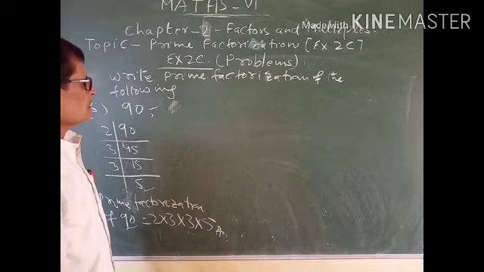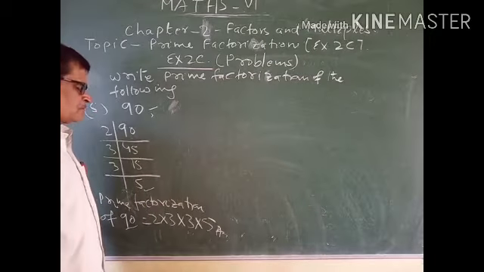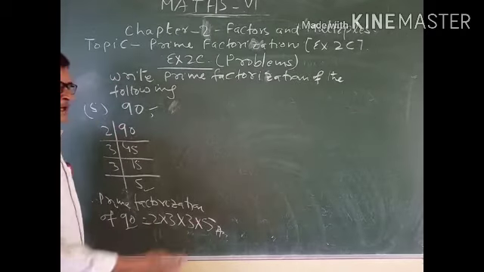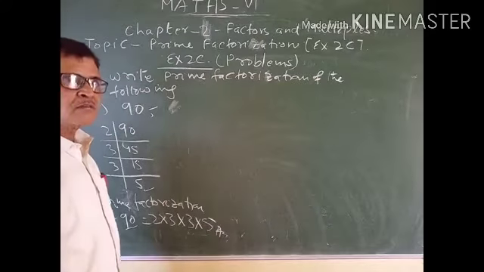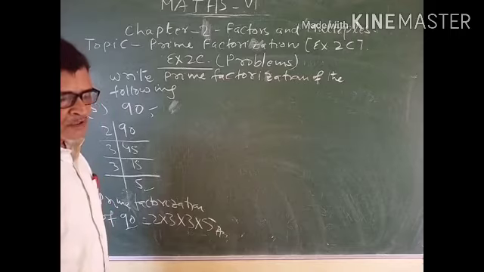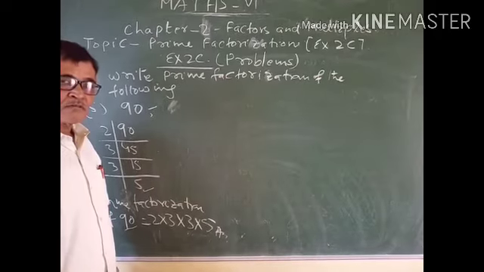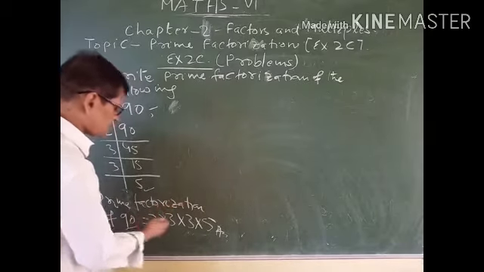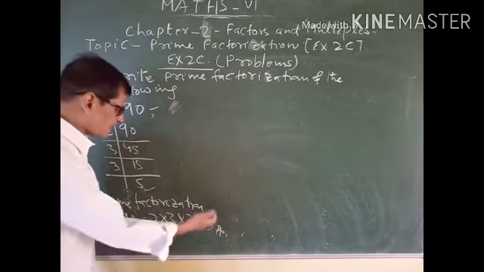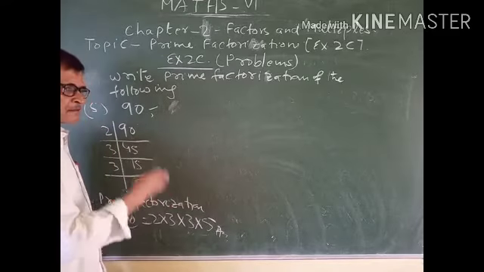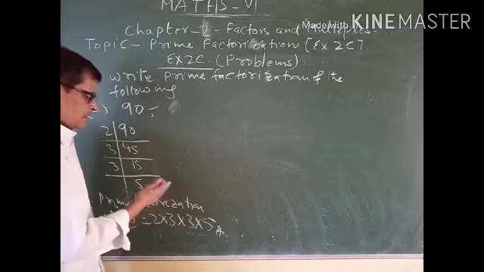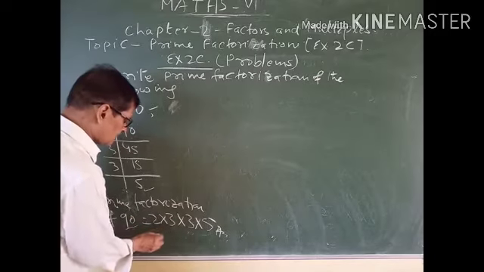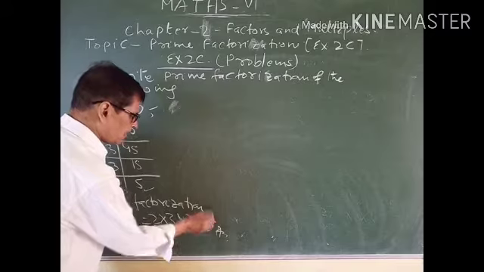In the definition of prime factorization, I have told you that this representation is unique. What do you mean by this statement? Unique means you can't write this in another way. You can't get other prime factors anyway. If you write the prime factorization, you get the same digits 2, 3, 3, 5.